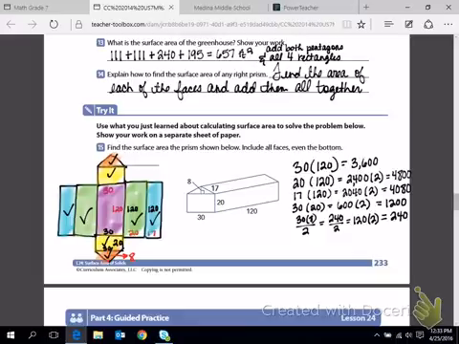Now that we have found the area of all of the shapes, we'll add them together. So we'll add 3,600, 4,800, 4,080, 1,200, and 240. And when we do, that'll give us the surface area of this pentagonal prism.